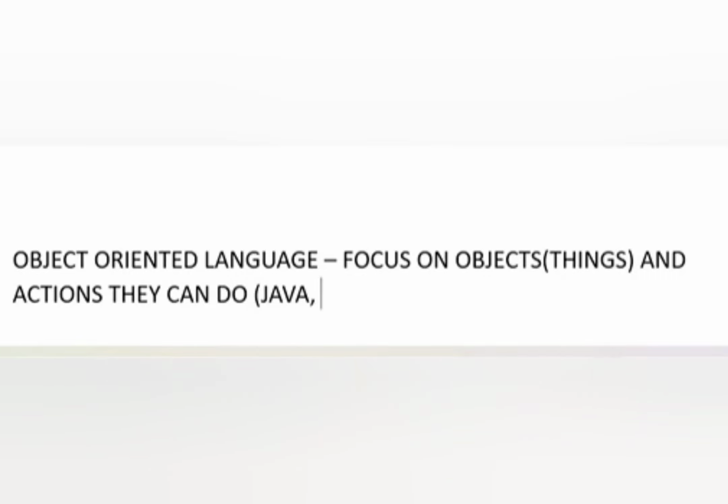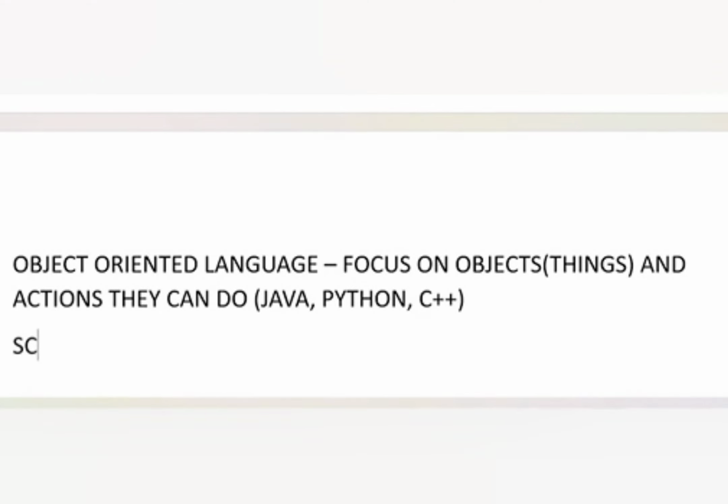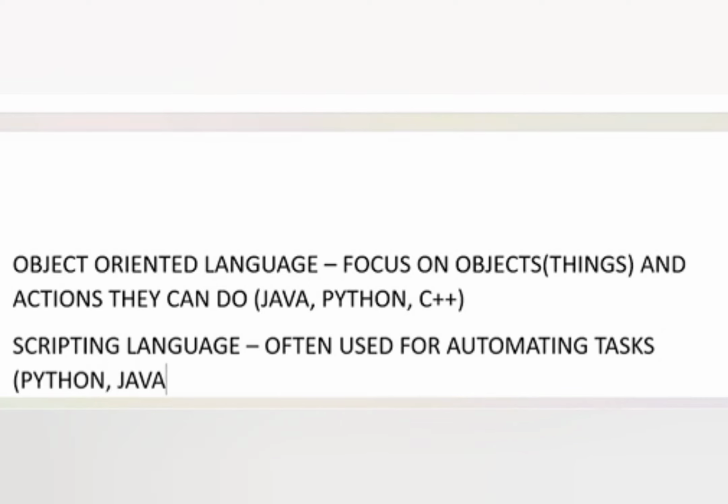Best examples are Java, Python, C++, etc. The next comes scripting language, often used for automating tasks. Best examples are Python, JavaScript, PHP, etc.